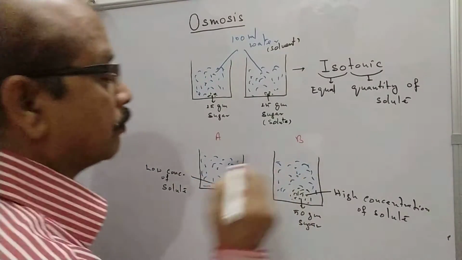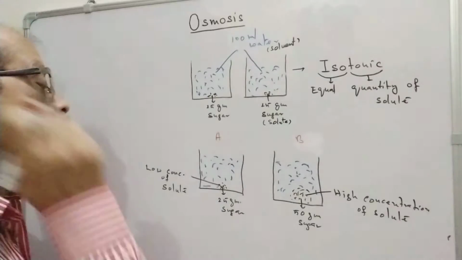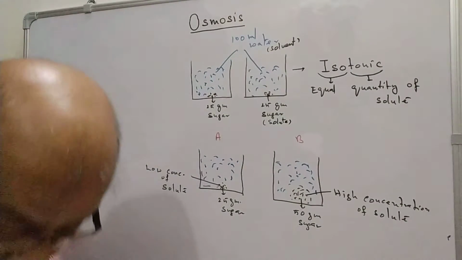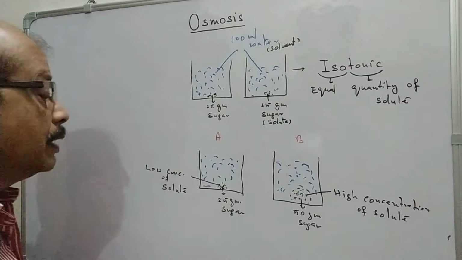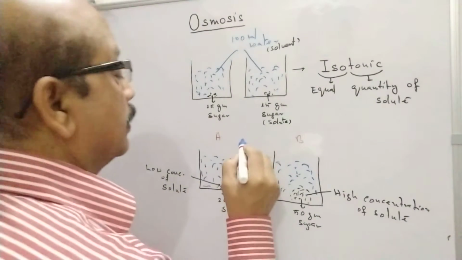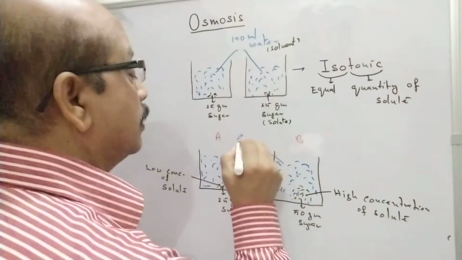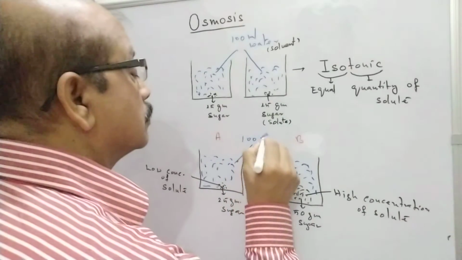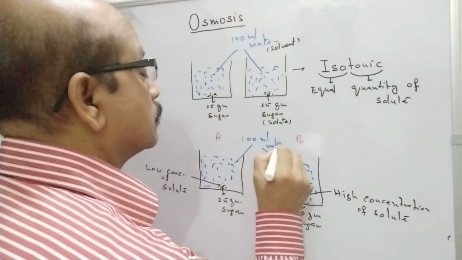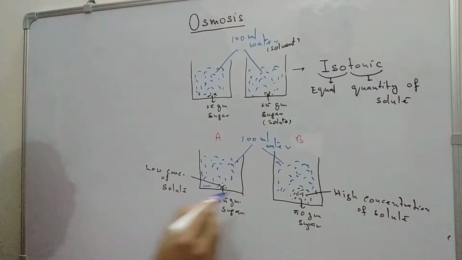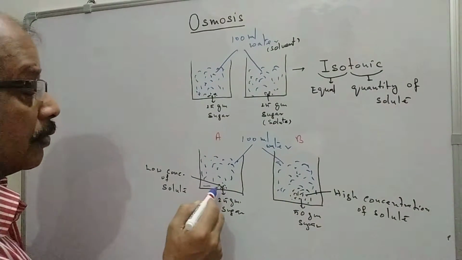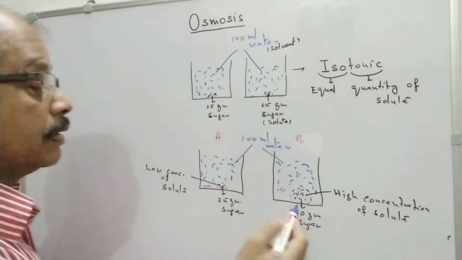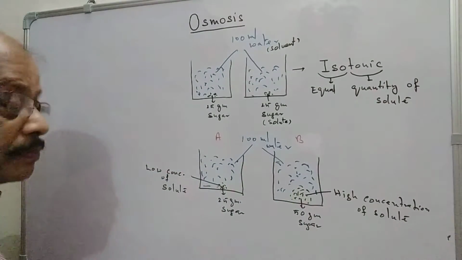Now the quantity of water is the same, 100 ml. As compared to this, here 25 gram has 100 ml, here 50 gram has 100 ml.